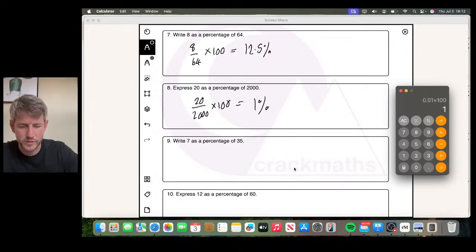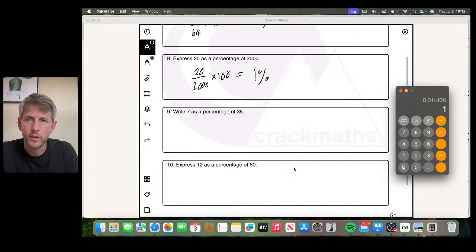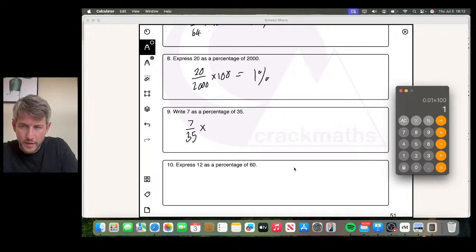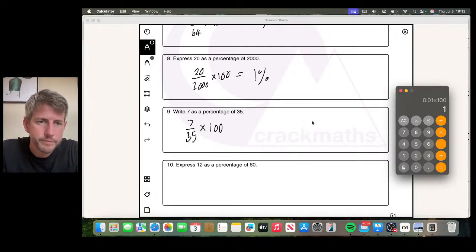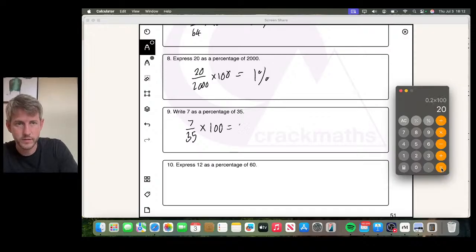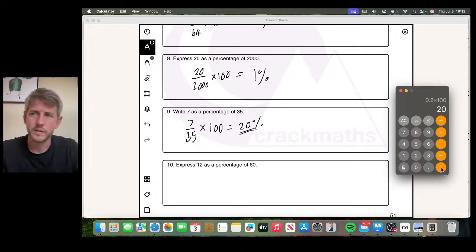Right, question 9. Write 7 as a percentage of 35. So we've got 7 out of 35 multiplied by 100. So here we go. 7 divided by 35 equals 0.2, and then times 100 equals 20. And that's percent. So 7 is 20% of 35.